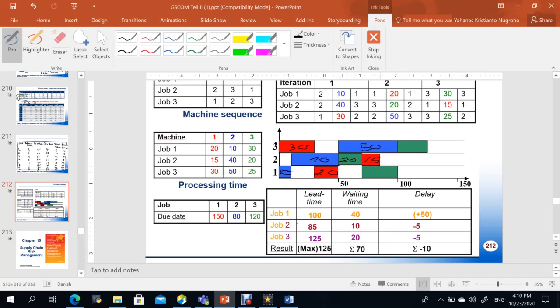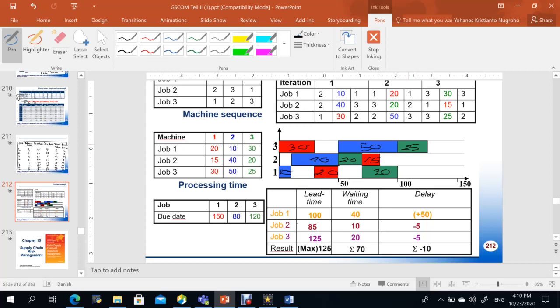It is 20, we have 30 here, and therefore 20 plus 30 equal to 50, and then we have here 25. Alright? Okay, good. Using these numbers, we can calculate lead time for each job involved in this process.